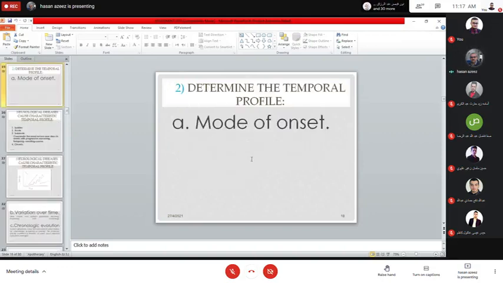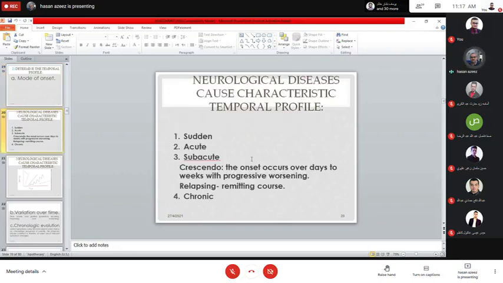Mode of onset, determination of temporal profile. This is very important and crucial in neurology, because the nature of the pathology depends on this temporal profile.